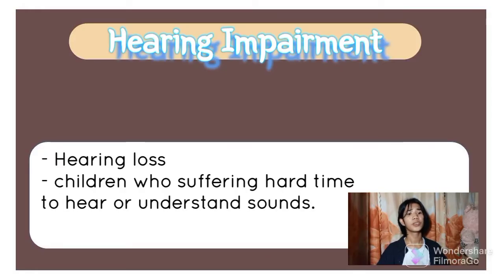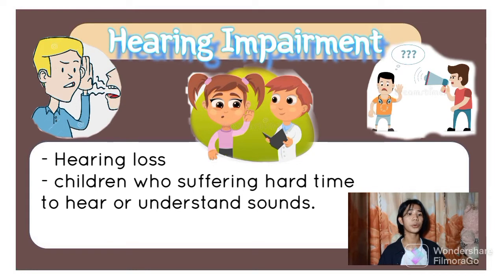Apart from visual impairment as a physical disability, we also have three remaining types of impairments, and hearing impairment is one of those. Hearing impairment is hearing loss. It refers to children or people who have a hard time hearing or understanding sounds.